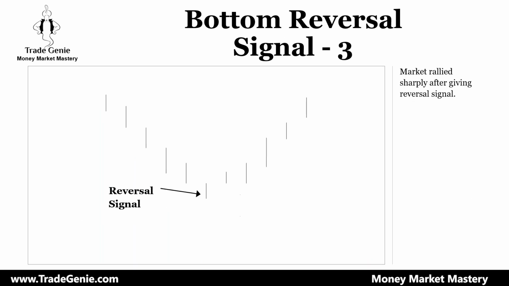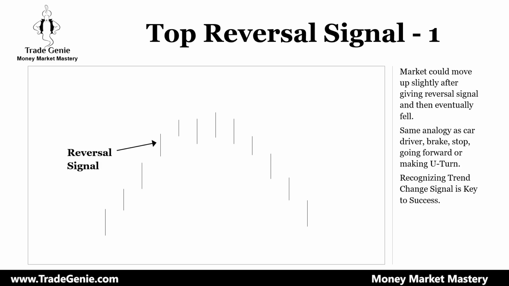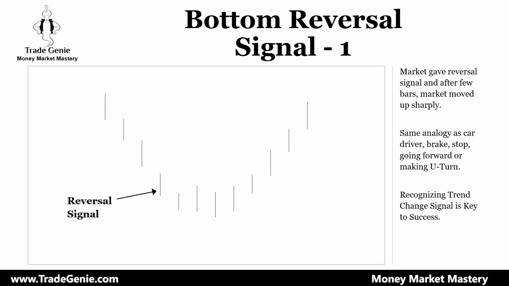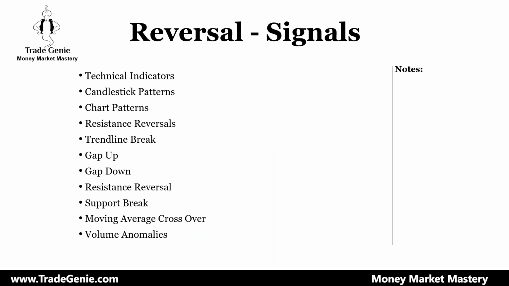So this is the V-shaped recovery. Now we talk about the top reversal. If you go through this list, it doesn't matter if you're trying to find the bottom or the top.